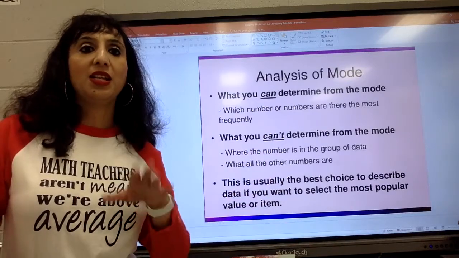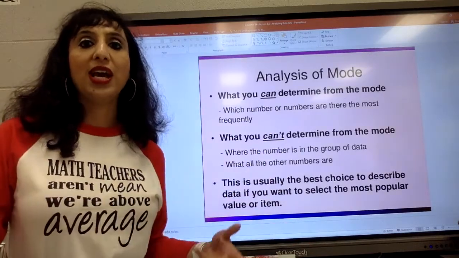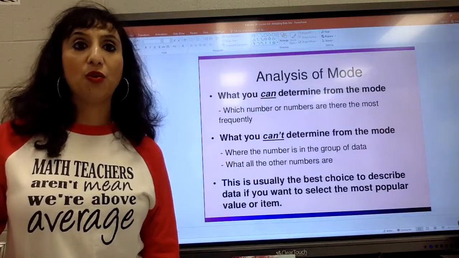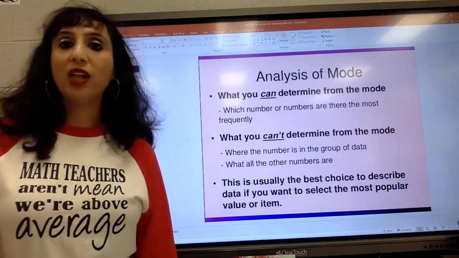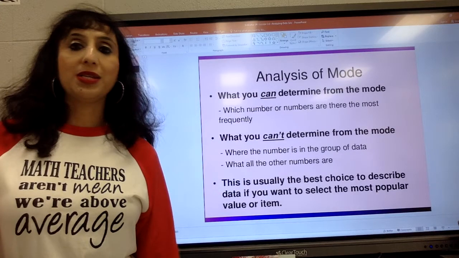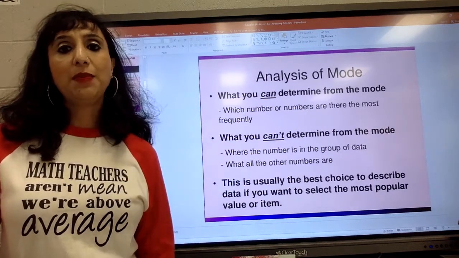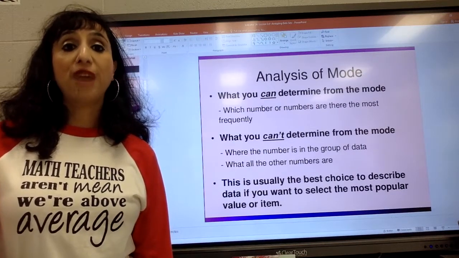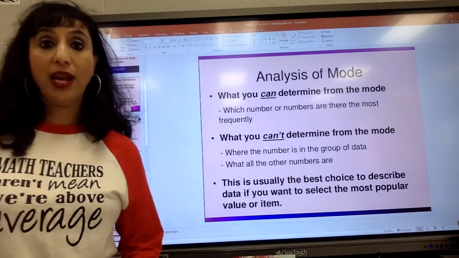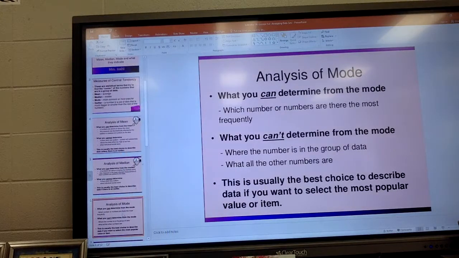Is it at the lower end, in the middle, or at the higher end? You also can't tell what all the other numbers are. This is the best choice to describe data if you want to select the most popular value or item.